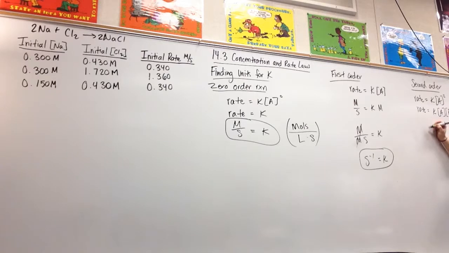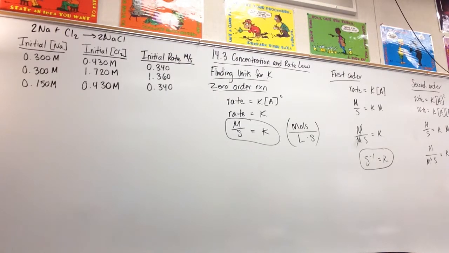So to figure out the units on K, you would put molar over second for the rate is equal to K. And what would molarity times molarity be? Molarity squared, right? So then we would bring this underneath, so then we would have molarity over molarity squared times seconds equals K. And this is where our vast knowledge of exponents comes in, because I know all of us are so strong on those, right?